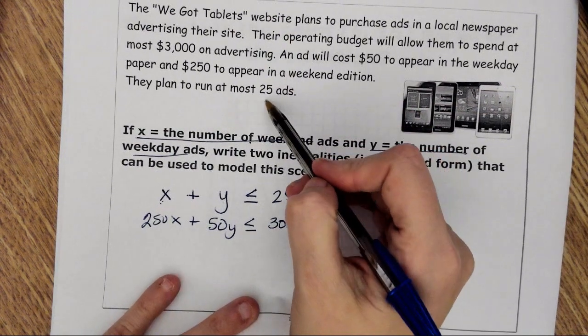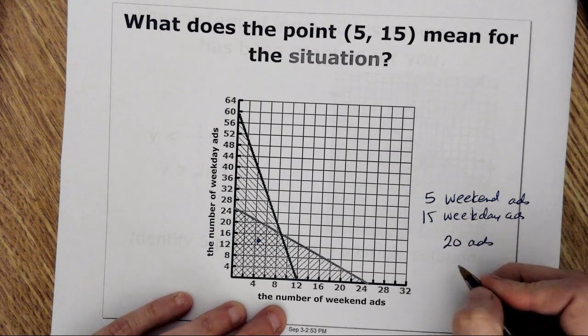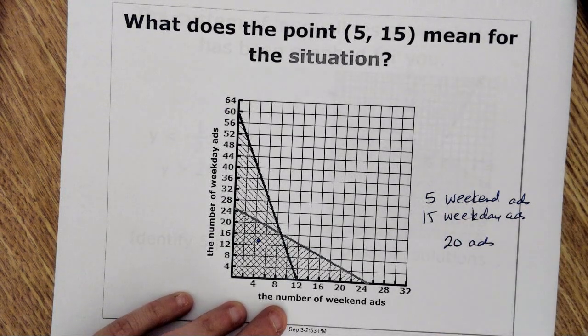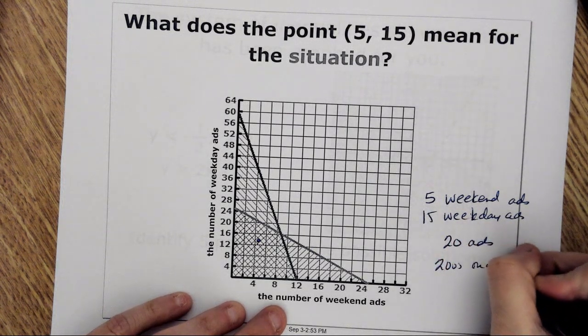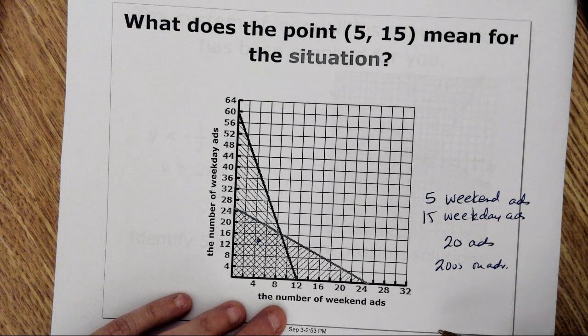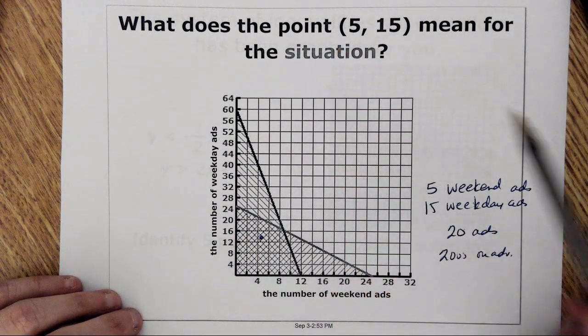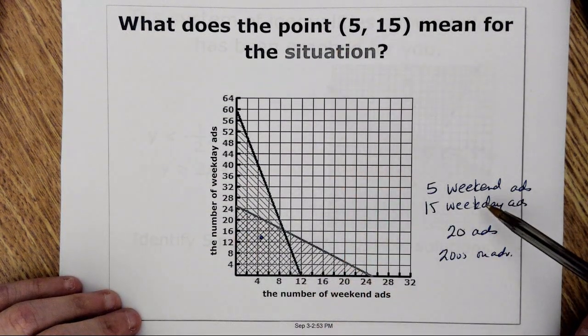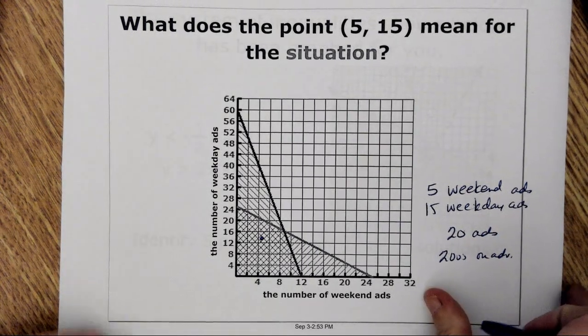I wanted to do 25 ads or less, and less than 3,000 on advertising. That is 20 ads, and we just said that that was $2,000 on advertising, which is less than 25 ads and less than 3,000. So this point, 5, 15, says that if I run 5 weekend ads and 15 weekday ads, I will have less than 25 ads and it will be less than $3,000, which is exactly the kind of points that we're looking for.